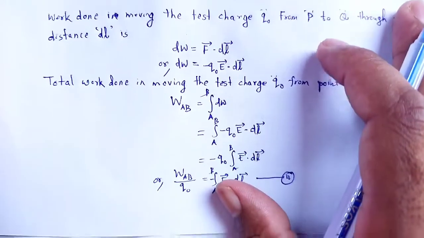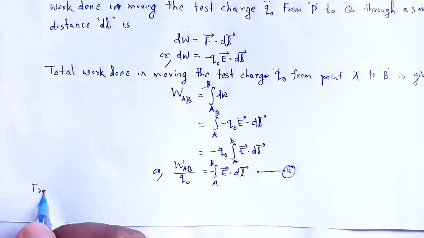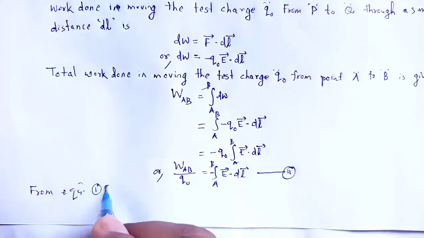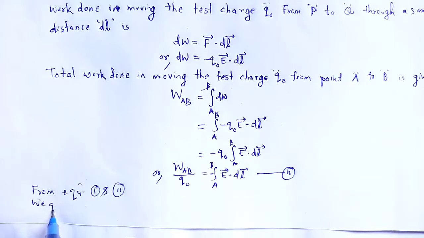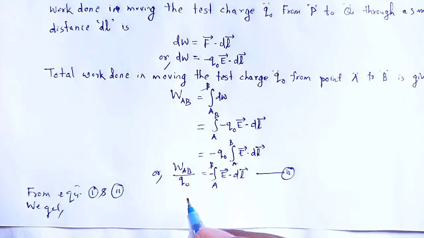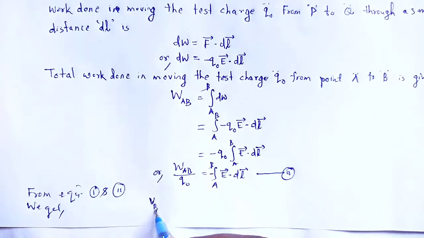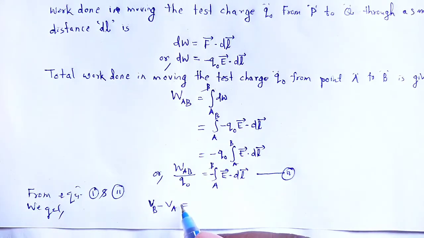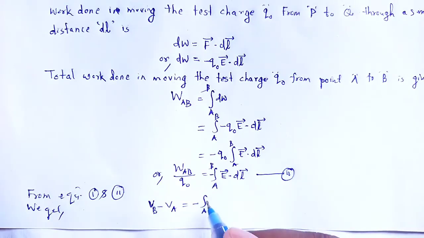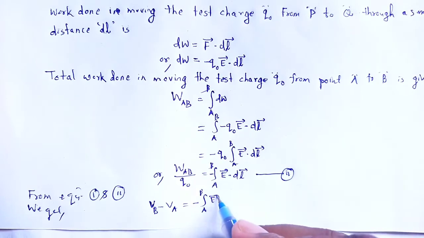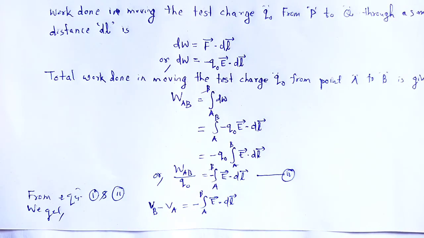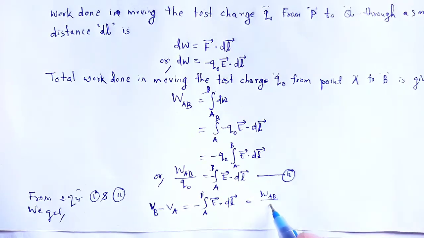From equation 1 and 2, we get Vb minus Va is equal to negative integration over A to B E dot dl, which is also equal to Wab by Q naught.